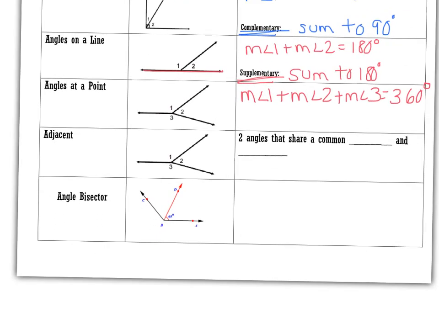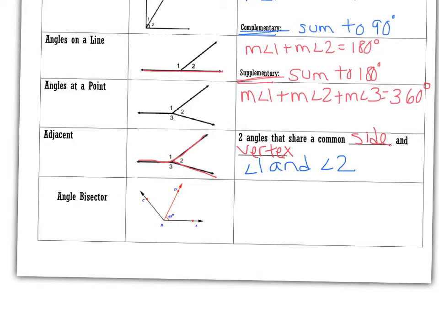Adjacent angles are angles that share a common side and a common vertex. So in this case, angle 1 and angle 2 both share this side and they share the vertex in the center. So we know that angle 1 and angle 2 are adjacent. We also know 2 and 3 are adjacent, and 3 and 1 are also adjacent.